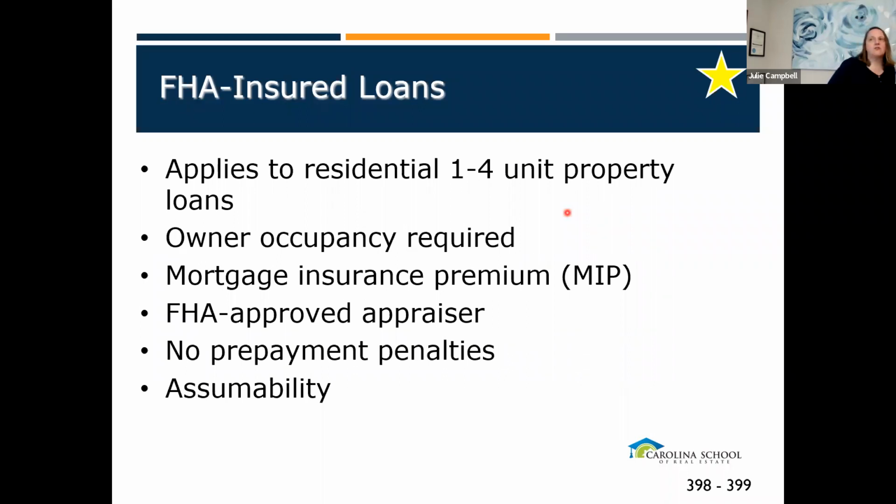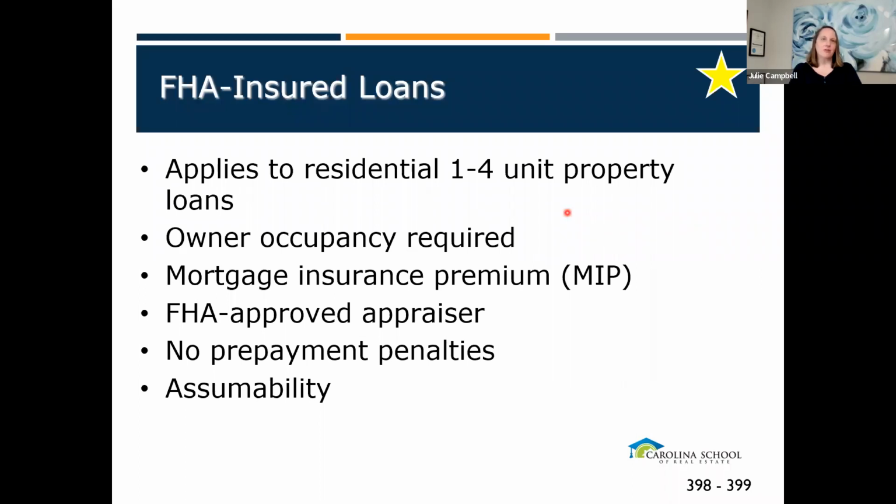And FHA loans can generally be assumed. The buyer, in some cases, can assume the seller's loan. If the buyer is assuming the seller's loan, they're taking over their loan payment. So if I'm buying your house today and I'm assuming your loan, you made the mortgage payment on February 1st, I'm going to make it on March 1st.